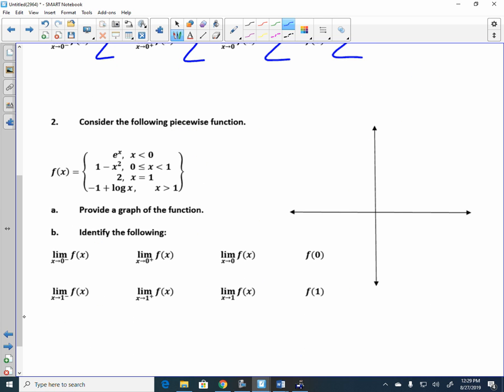Okay, second example, then you can start your worksheet. A little bit more complicated, right? What does the graph of e to the x look like? What does 1 minus x squared look like?